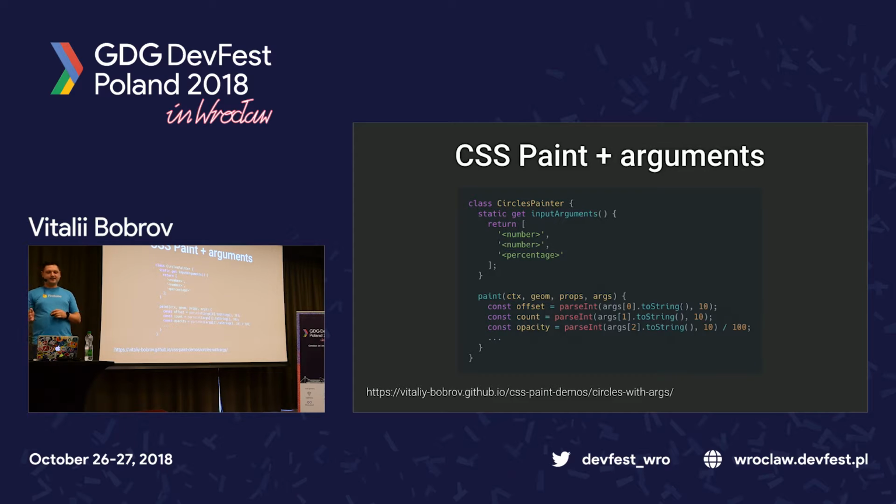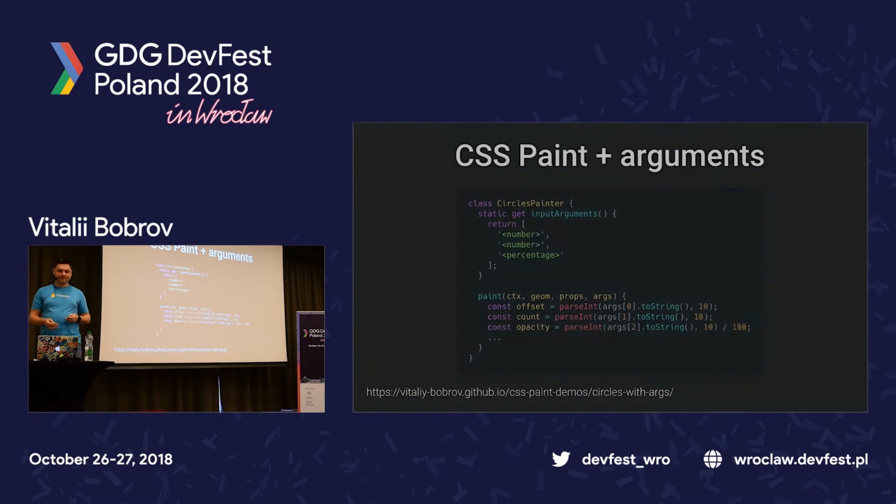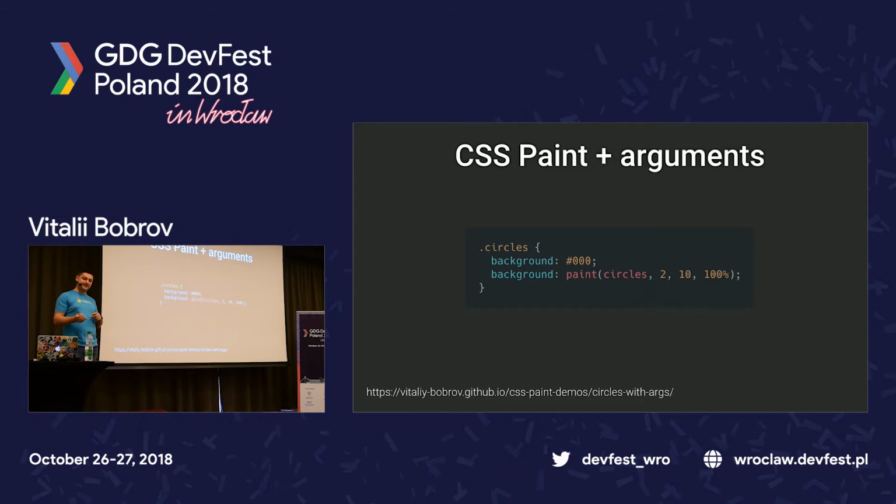Then we can access these arguments, and arguments are similar to the JavaScript arguments object for functions. It's a list-like structure that stores all these arguments. So we can parse them and provide defaults as well. And in CSS now, instead of specifying custom properties, we pass in values inside our paint function.